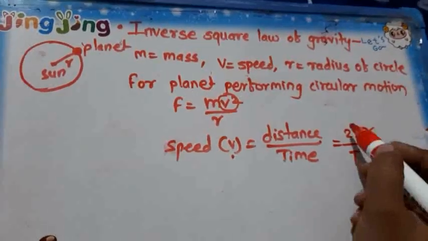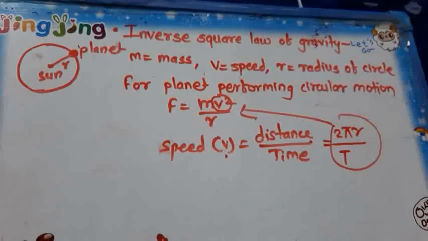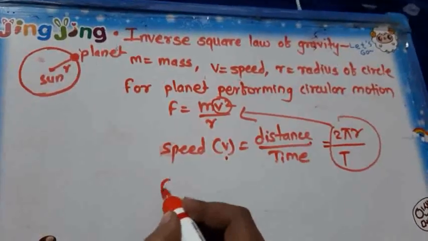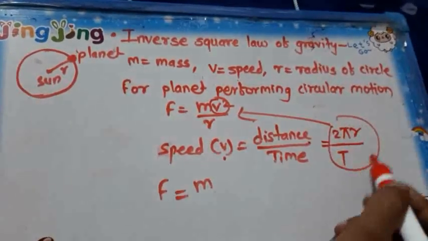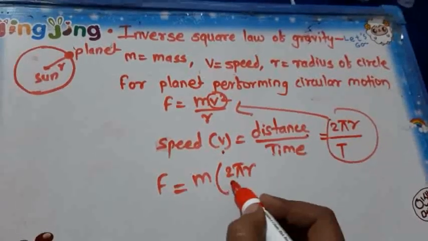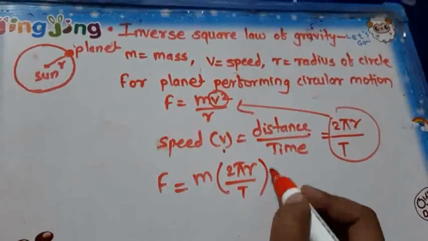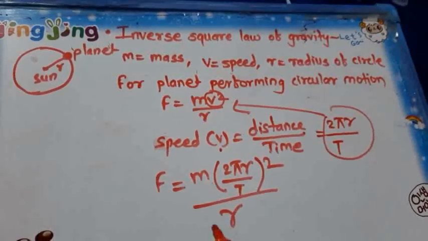So now this value of v we will put in the formula of force. So it will become F is equal to m, and instead of v, we put (2 pi r divided by T) whole square, and this is divided by r.